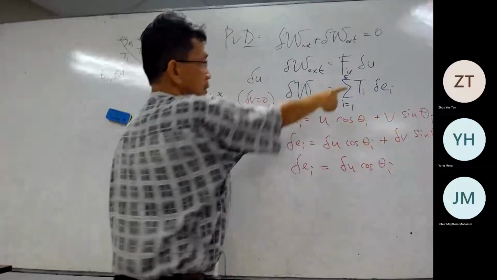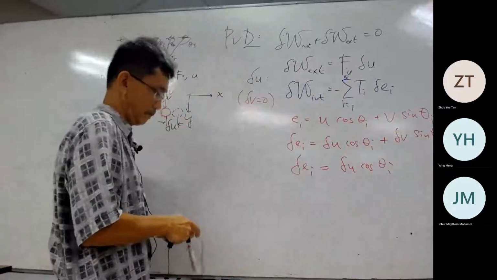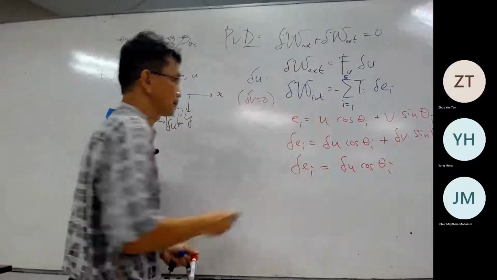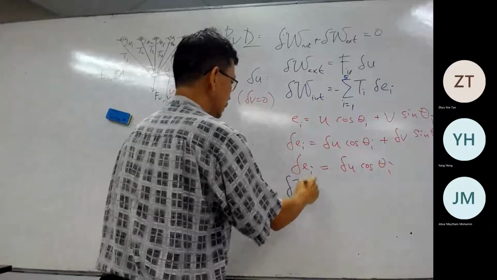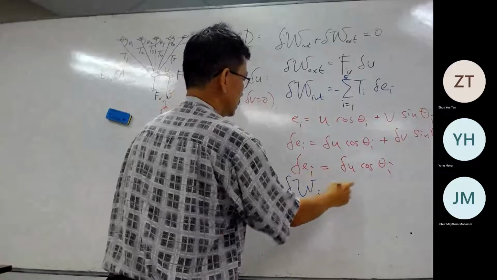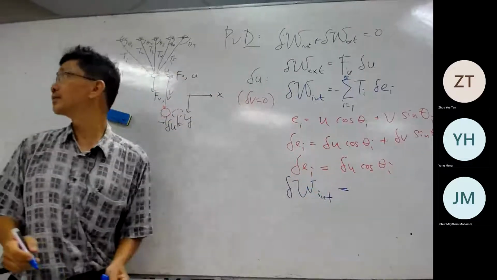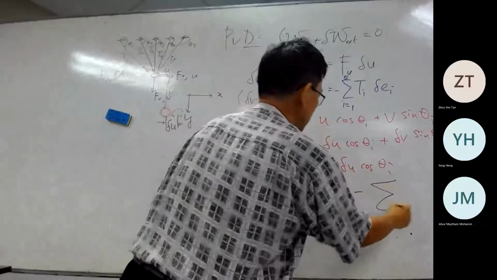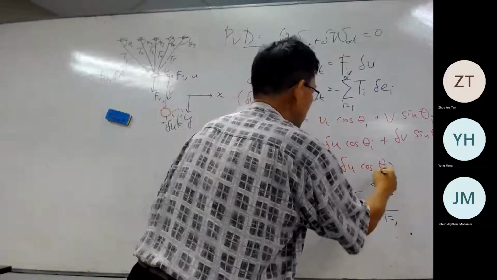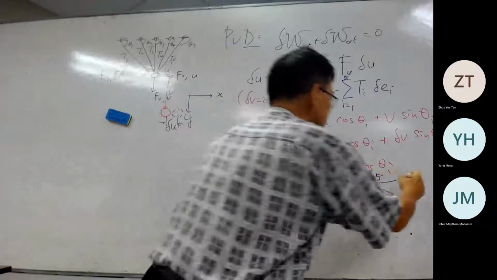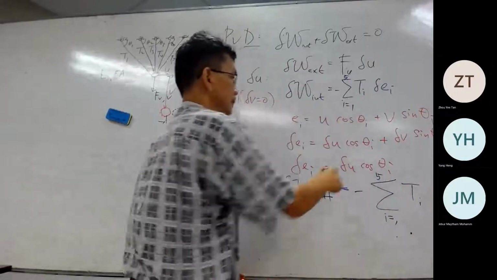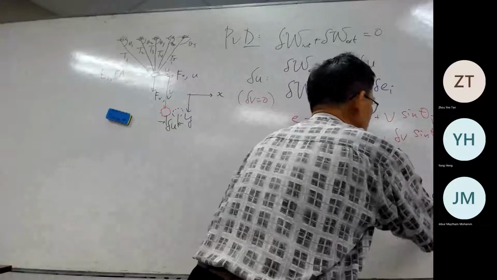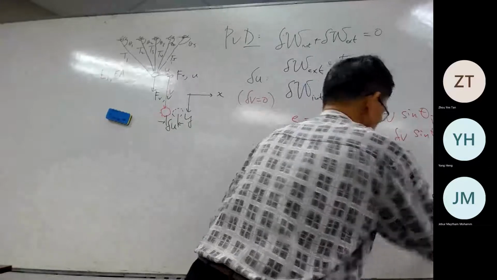So we substitute this into there. Finally you get delta work internal equal to minus summation i is equal to 1 until 5 of T i delta u cos theta i.